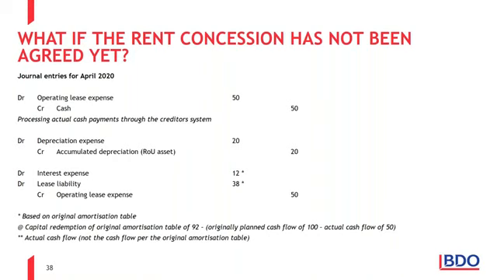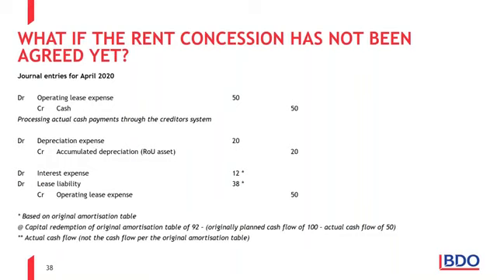we will now credit that operating lease expense with only 50. Remember, our system will give us information, and it will tell us, based on the contract information in our system, that the credit to operating lease expense should be 100 because that's what we were supposed to pay.